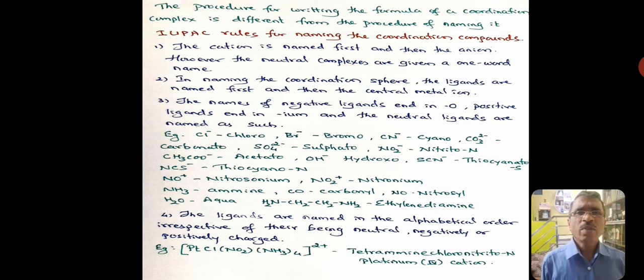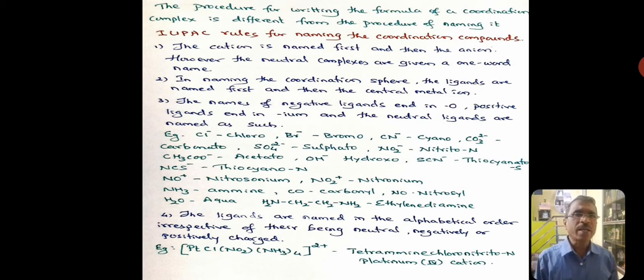Now, regarding the various ligands, the names of negative ligands end in -o, positive ligands end in -ium, and neutral ligands are named as such. I have given examples here. Cl- is written chloro. Br- is written bromo.